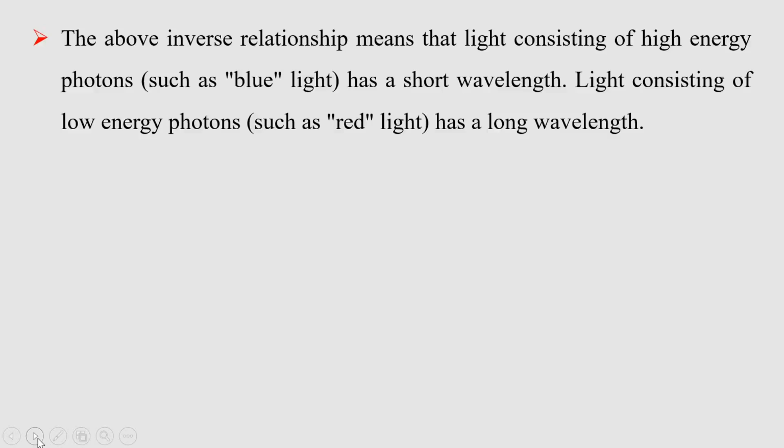If the energy is high, then the wavelength is short, and if the energy is low, then the wavelength is long. In these two colors, the energy of blue light is high, so its wavelength is short, and the red light energy is low, so its wavelength is high.